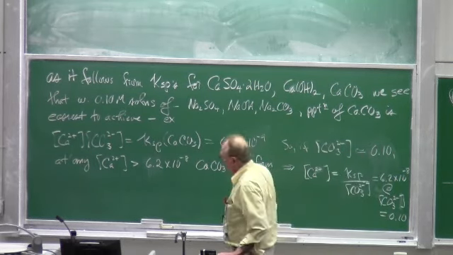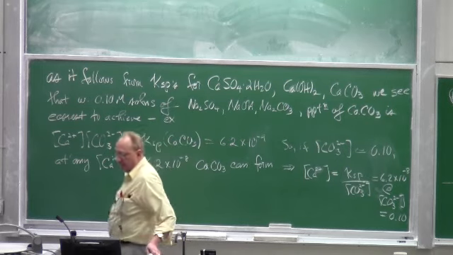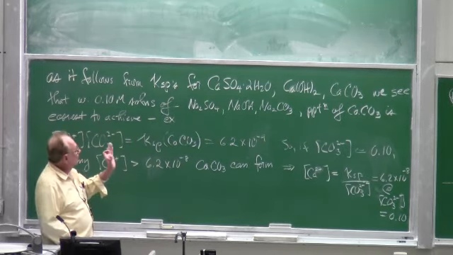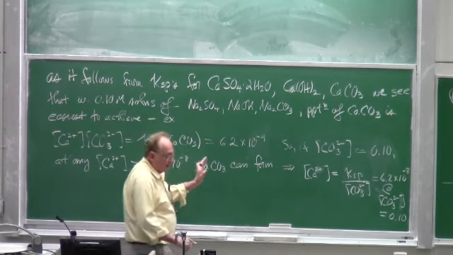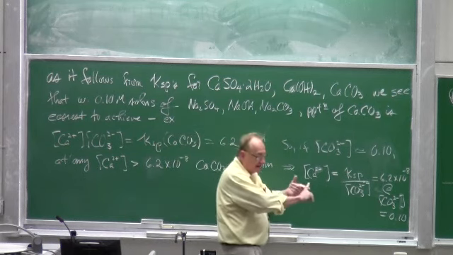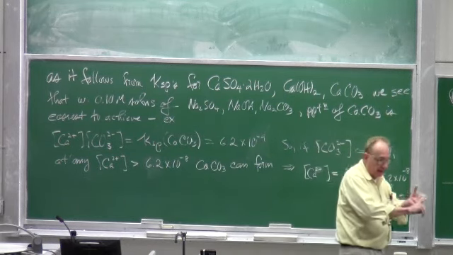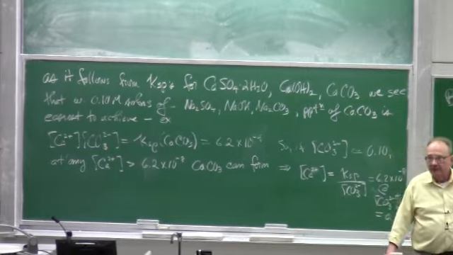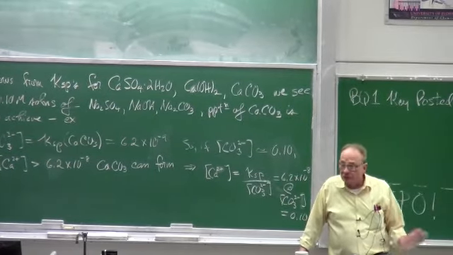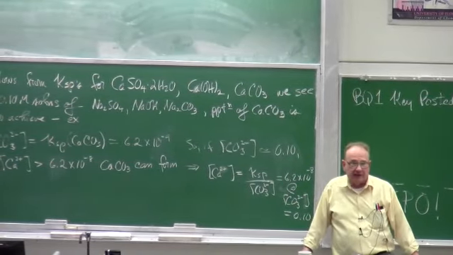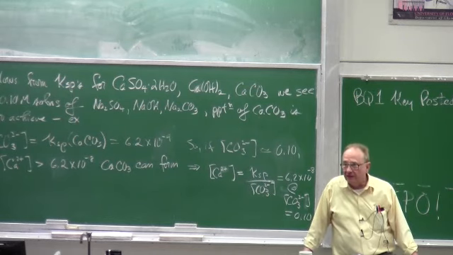To conclude this, if we have solutions containing sulfate ion 10th molar, hydroxide ion 10th molar, and carbonate ion 10th molar, then with simple KSP arithmetic, because once you fix the concentrations of the anions, you're not paying attention to hydrolysis anymore.